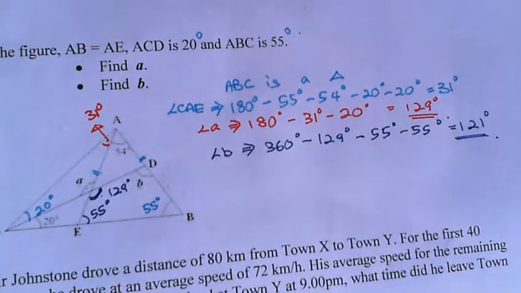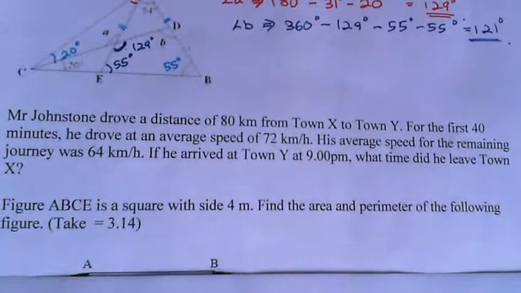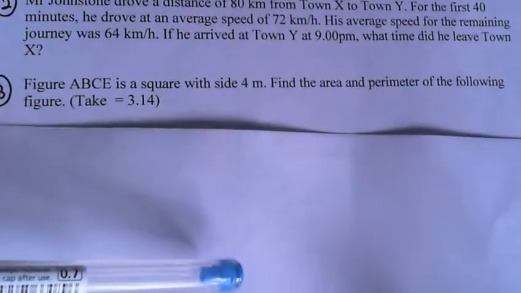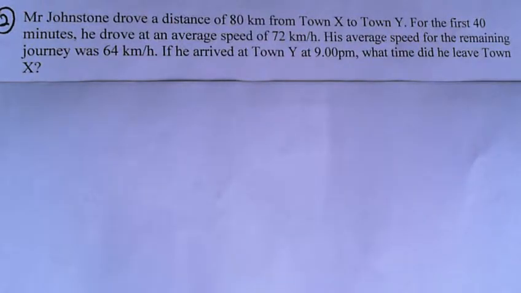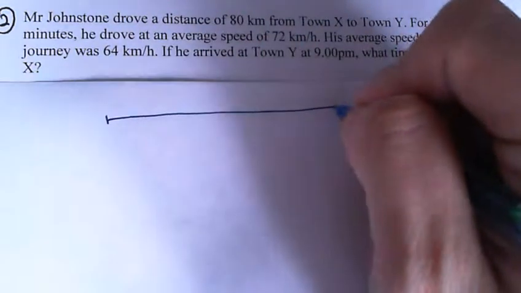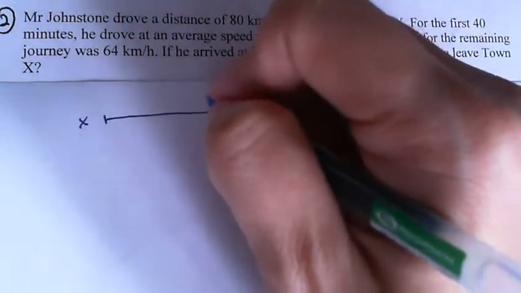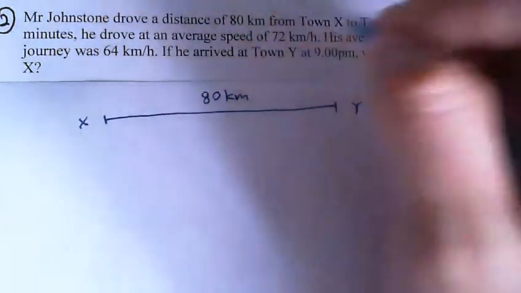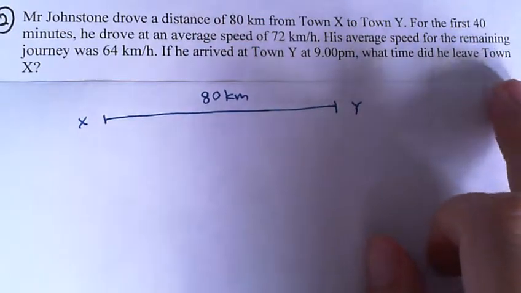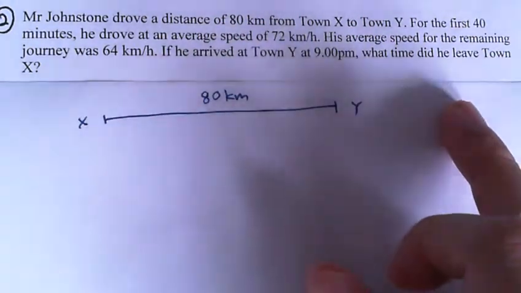Okay, so next, a rather simple speed question. Mr. Johnson drove a distance of 80 kilometers from X to Y. For the first 40 minutes, he drove at an average speed of 72 km per hour.